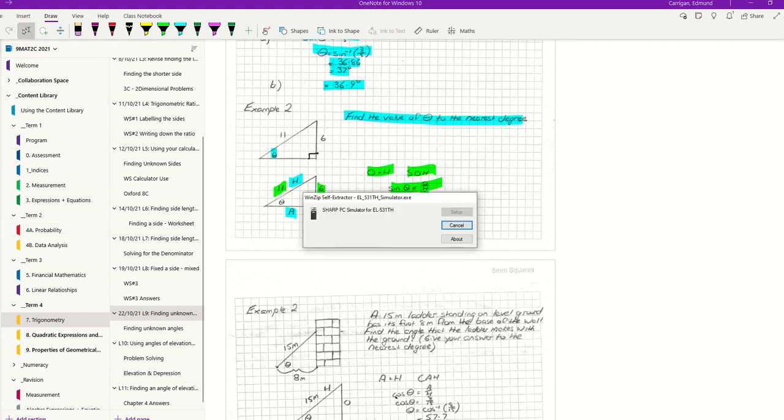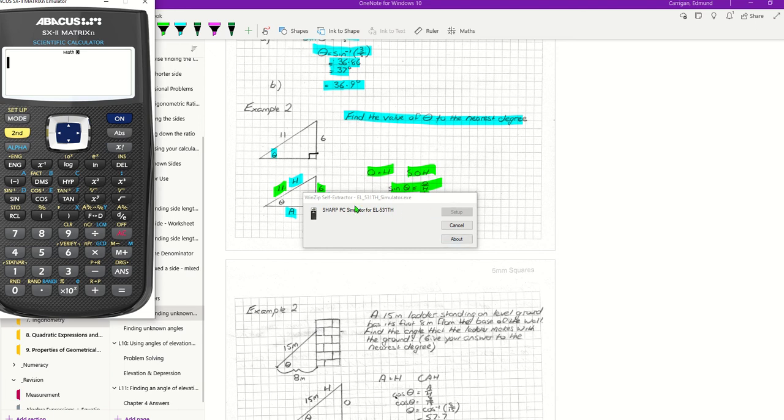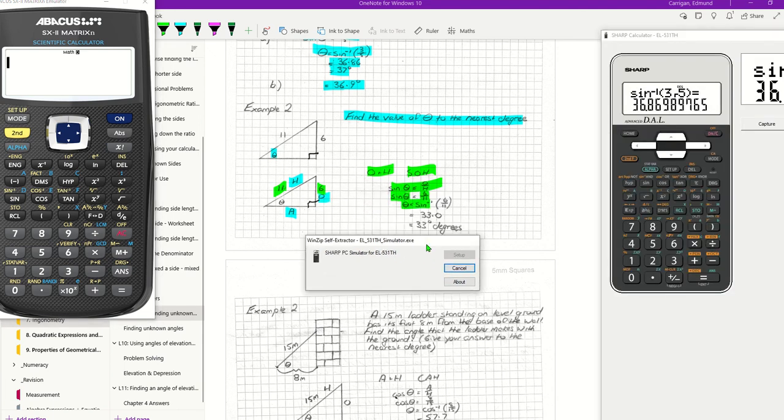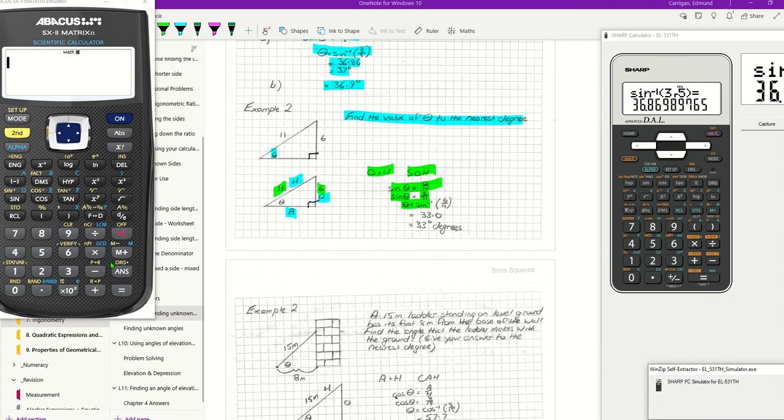So if I look at my calculator now, sine minus 1, second function, sine. It's given me my first half a bracket, 6. Once again, I'm going to do it as a fraction.